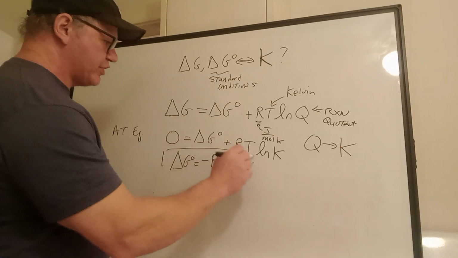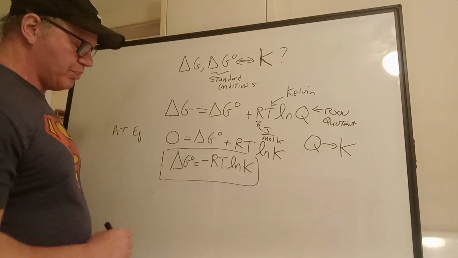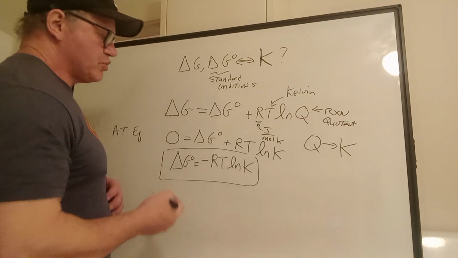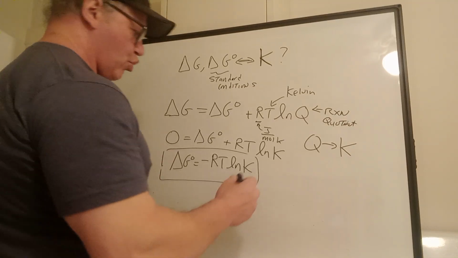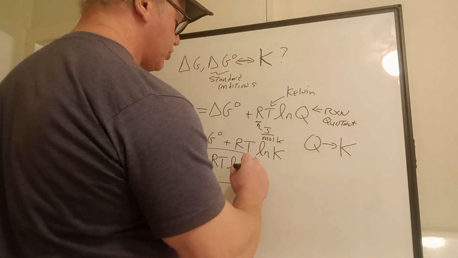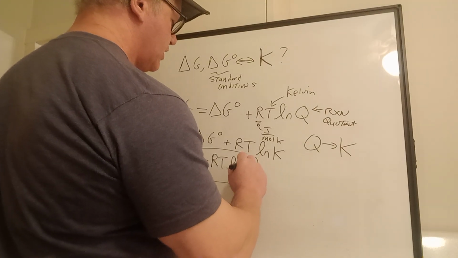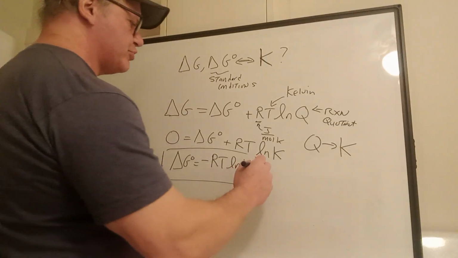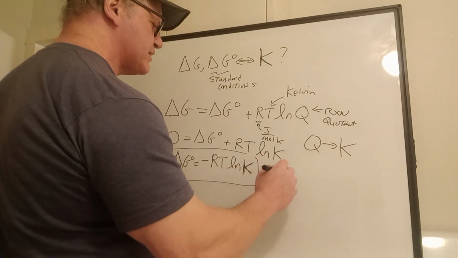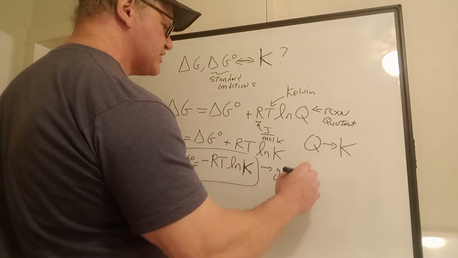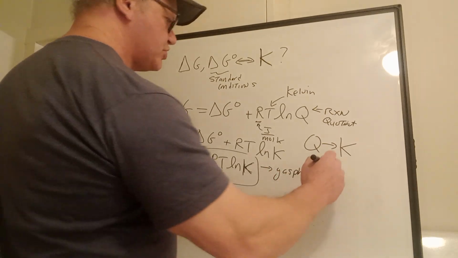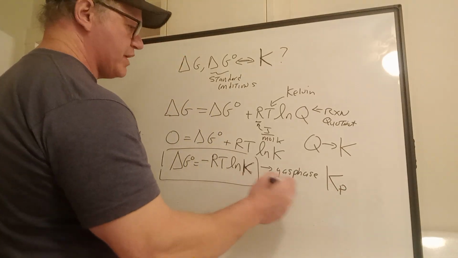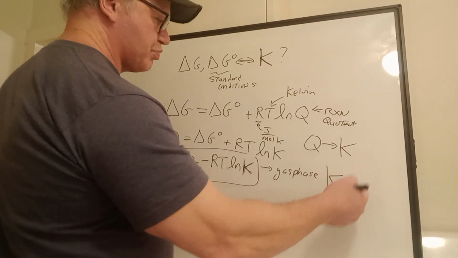That's one I would definitely give you on an exam, for example. But let's just talk about this. To make this equation work correctly, there's a rule, and it has to do with the way that we've derived K from activities, which we don't go into here. But when you do the gas phase, if this is a gas phase reaction, use Kp, which will be formed with the partial pressures.